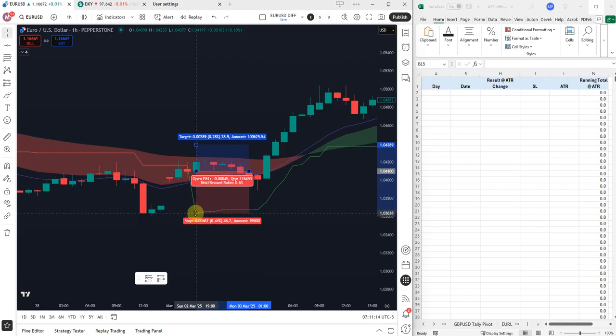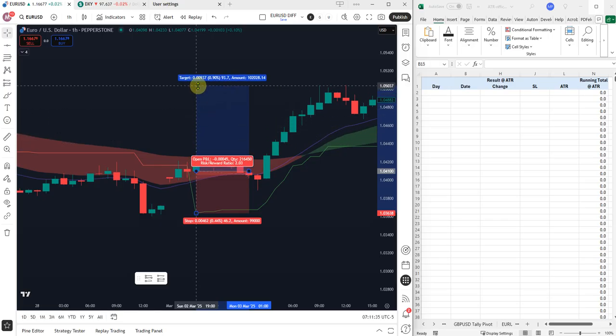Okay, so in this case it's going to be about 46 pips, or 462 points. Okay, 462 points or 46 pips. Okay, and then we want to go for at least 1-to-1. But today what we're going to do is we're just going to stay in the trade until the ATR changes color again.